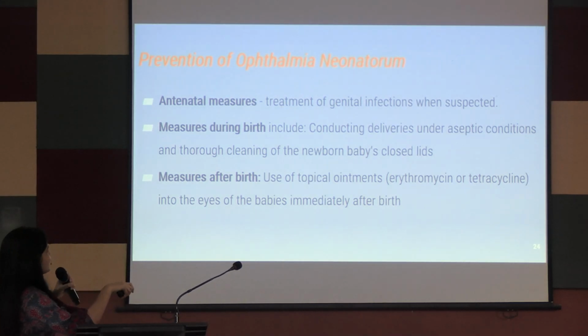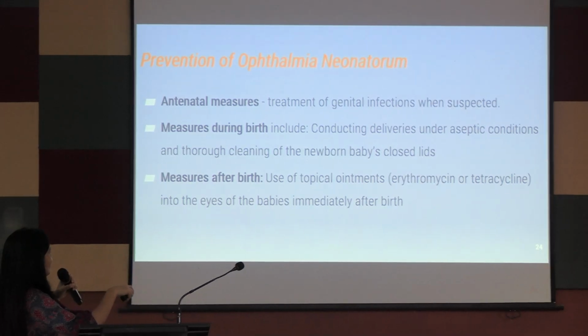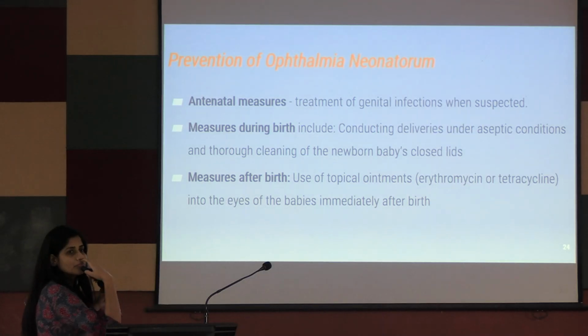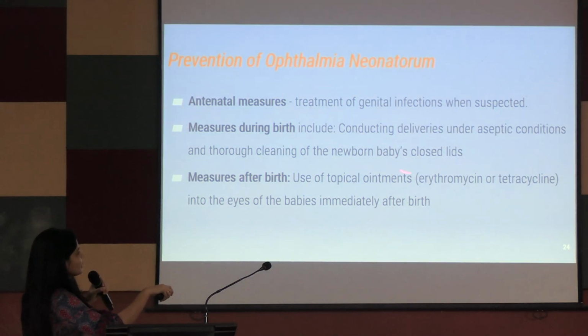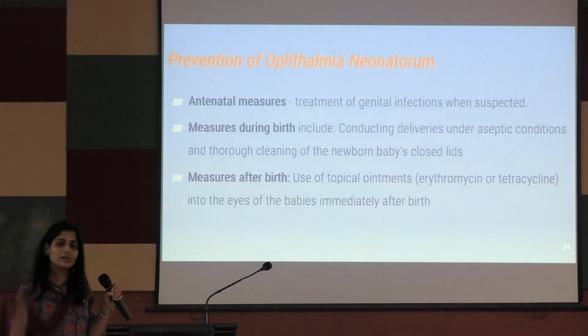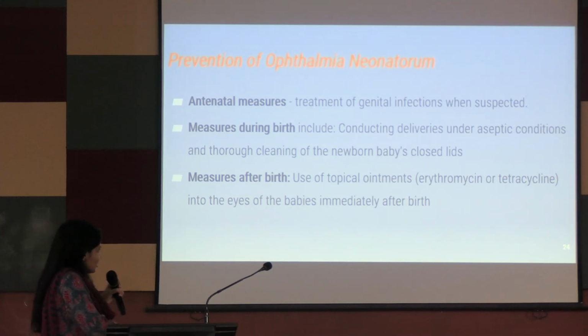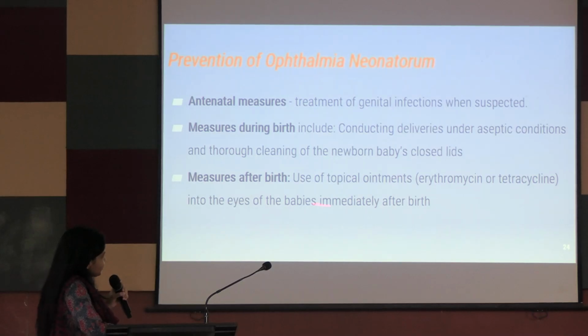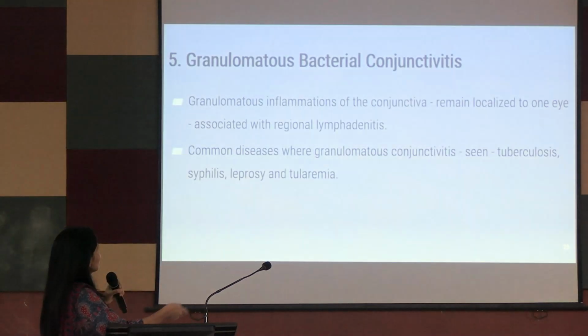Those 5 cleans should be followed. And thorough cleaning of the newborn baby's closed lids. So this is very important. When the baby is out of the birth canal, you should not dodge the cleaning of the eyelids of the baby, or you can use topical ointments to prevent this infection if the mother is infected.